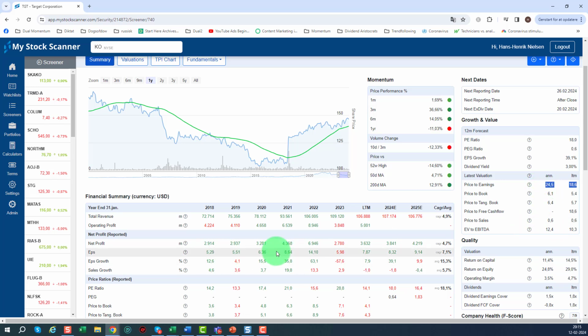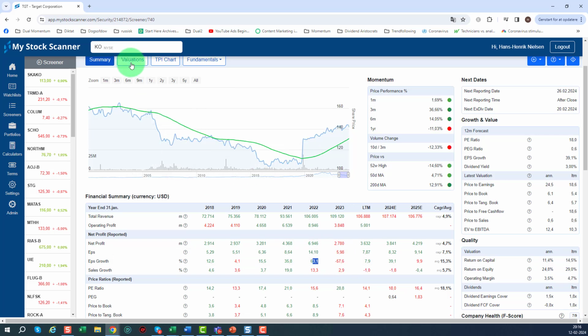We can see that the earnings per share growth was actually negative in 23, but is expected to be positive in 24, and again in 25. I'll not dive into the reasons for that, but you can see that overall, in years and years here, they've had some decent earnings per share growth, and then one bad year in 23.